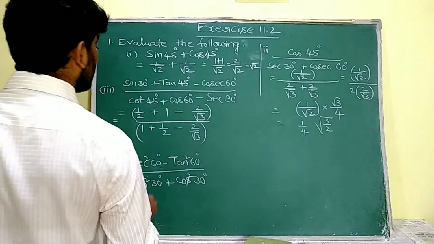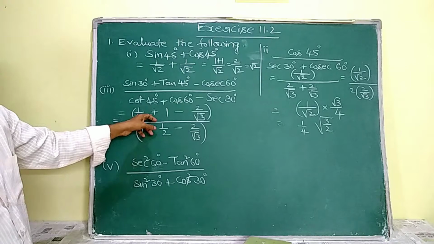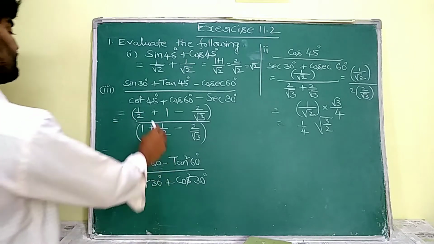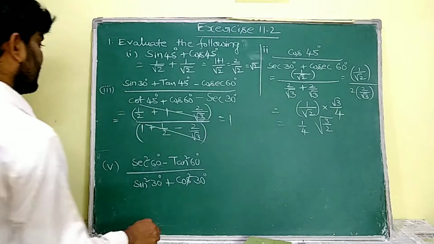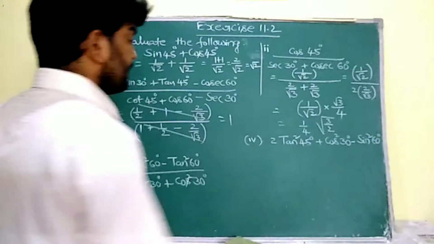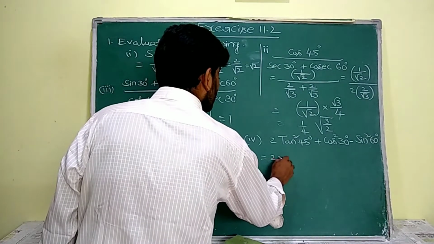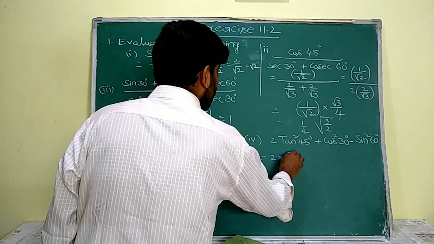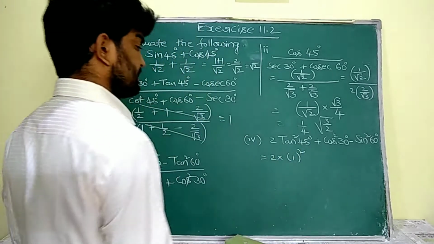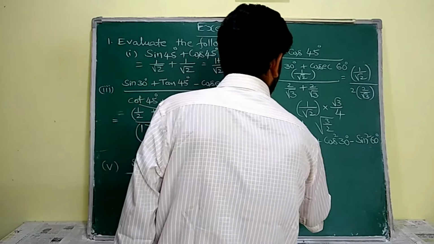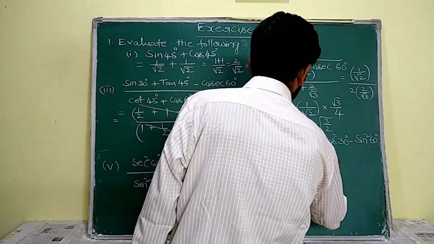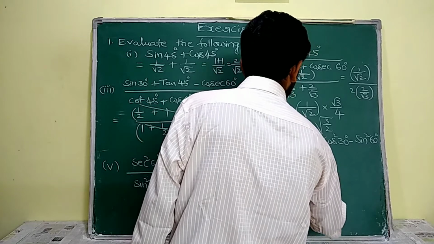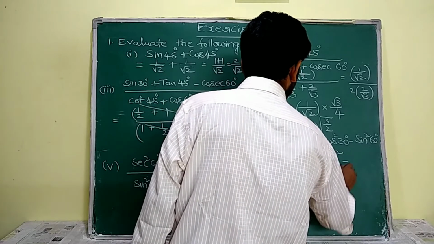Clearly observe, the numerator and denominator have the same values, so these two are going to be cancelled. Then its value is equal to 1. Here, 2 into tan 45, which is 1, tan square 45 is 1 square, plus cos 30, which is root 3 by 2, so cos square 30 is root 3 by 2 whole square.